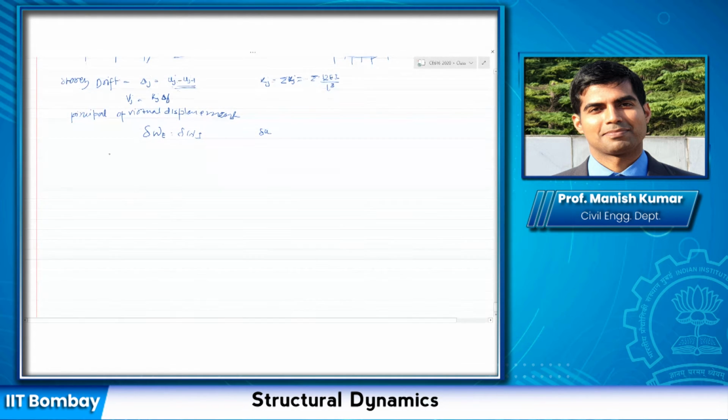Now, because it is a discrete mass, instead of the integration sign, we are going to employ the summation sign. So at each level, the inertial force that is being applied, Fij, times the deformation that it is producing. And what deformation is it producing? Basically the del uj. Okay, and that would be your virtual work done.